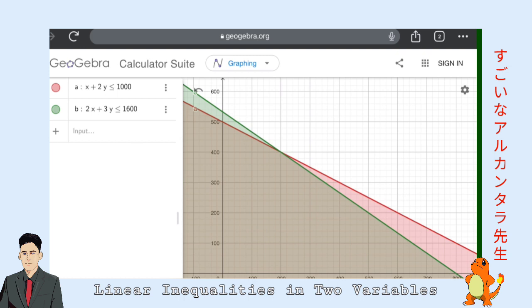But since this is a word problem, you have to make sure that when you try to identify test points, it fits the situation. Know that it is impossible to have negative number of shirts or negative number of pajamas. So when you're dealing with word problems in particular and not just graphing, you have to make sure that you answer them correctly.